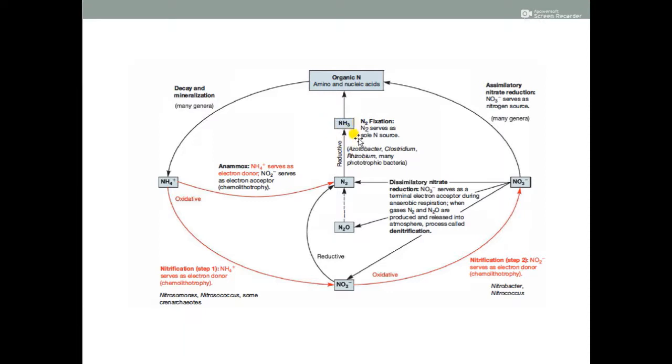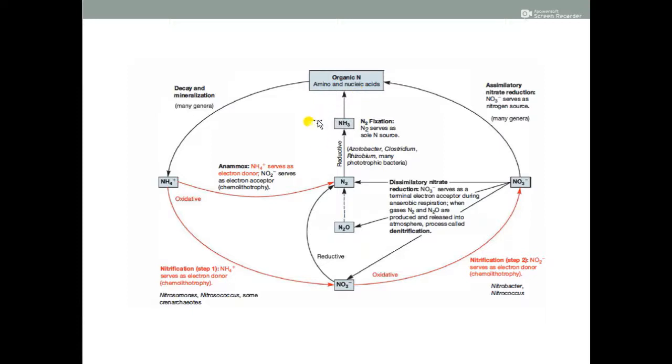And of course, when we consume plants, what happens? We are not using ammonia directly, but the plants take this ammonia and synthesize various organic nitrogen compounds like amino acids, and nucleic acids are also synthesized here.